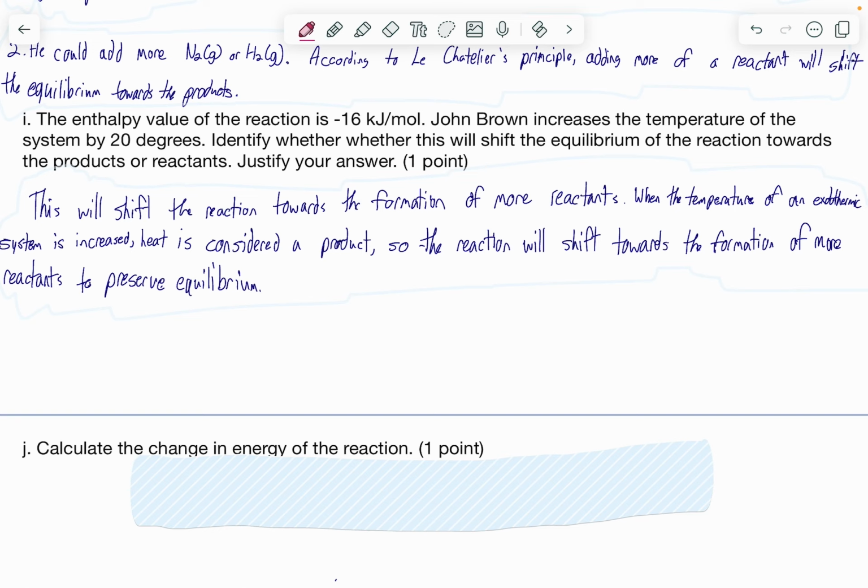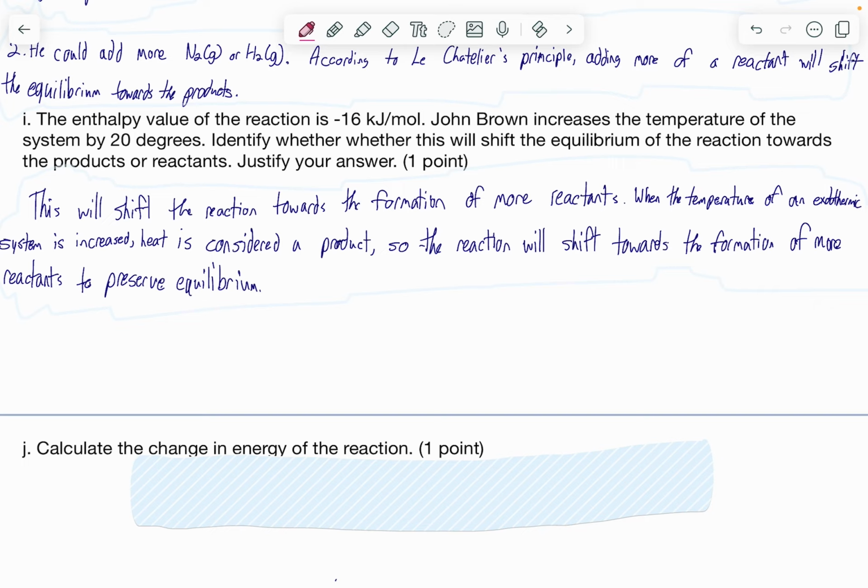So when we increase the temperature of an exothermic system, the heat will be considered a product. Because of Le Chatelier's principle, now that we have an extra product, it's going to shift towards the reactant side. So if we increase the temperature of an exothermic system, it's going to shift towards the reactants in order to preserve that equilibrium balance.